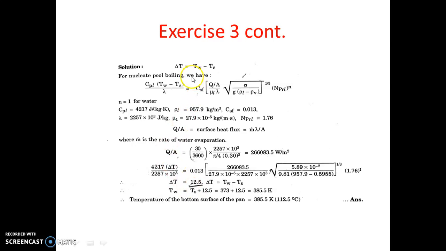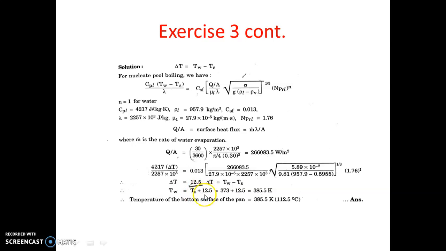And we have assumed that delta T is equal to TW minus TS. So we know that delta T value. We know TS, that means the saturation temperature of water, which is equal to 373 Kelvin. If we take TS to the other side, TW becomes delta T plus TS.